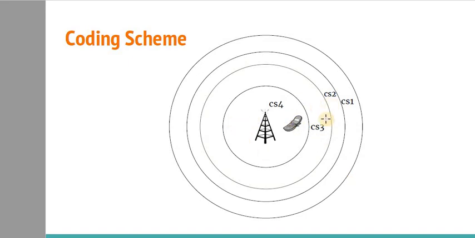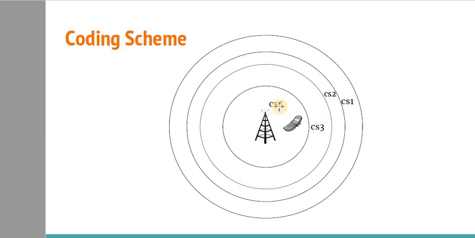CS4 is used in the area where the mobile equipment is very near to the tower. When we are very near to the tower, the data rate is higher, and the errors in the channel will be at a very minimum rate.